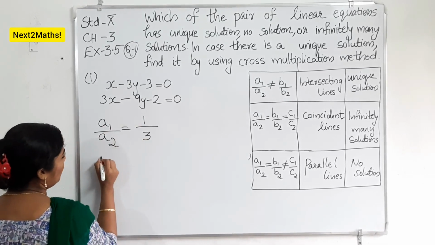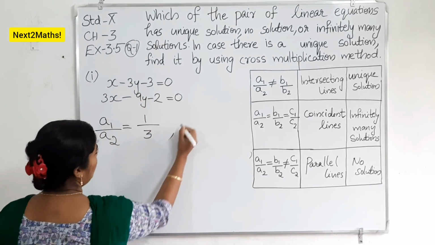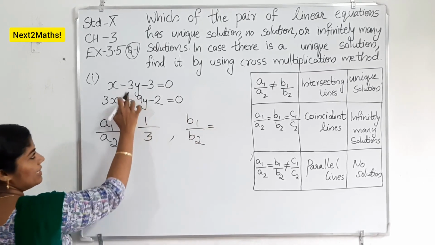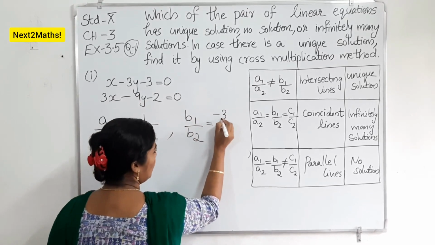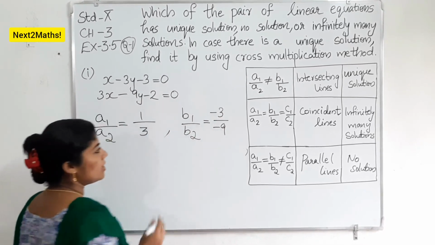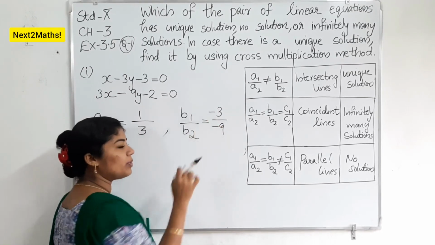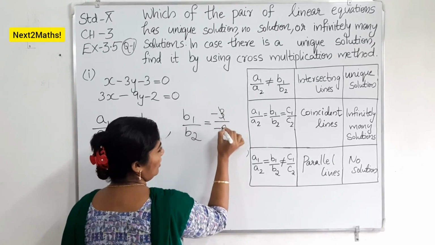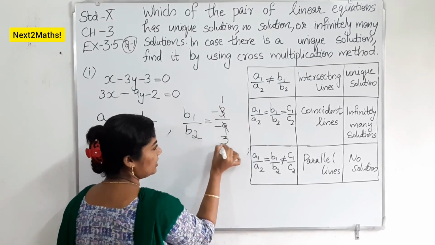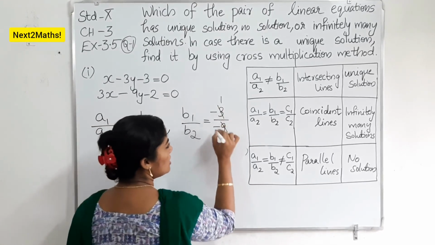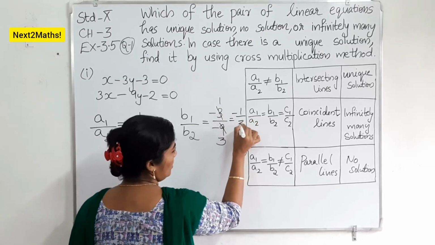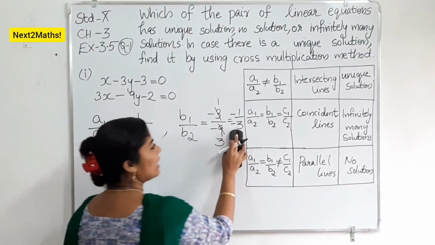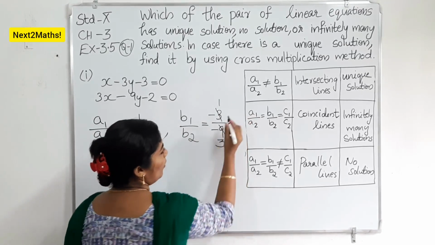Minus 3 divided by minus 9. Here both have negative signs, so both negatives will cancel. Then you get 3, 3: 1 threes are 3 and 3 threes are 9. So we get minus 1 by minus 3, and since both have negative signs, we can directly write it as 1 by 3.